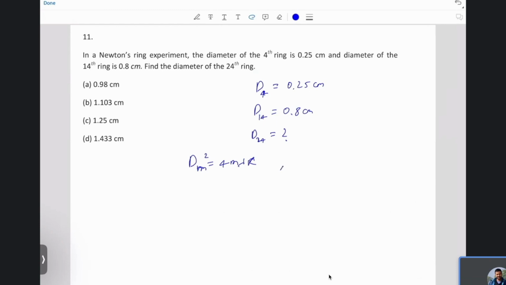So you are saying that we can take, suppose, d4 square will be 4 into 4 lambda R, and we just divide it by d14 square, which will be 4 into 14 lambda R. So everything will cancel. 4 will cancel, so you will have a relation between d4 square and d14 square. Right? Now what?